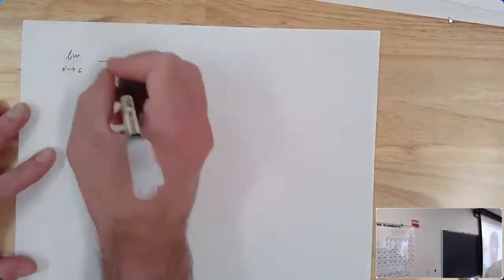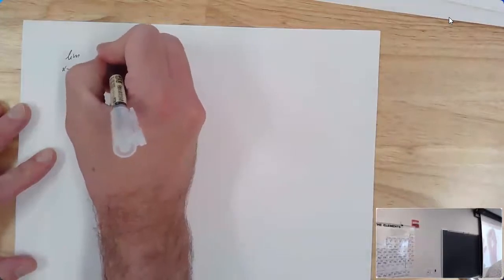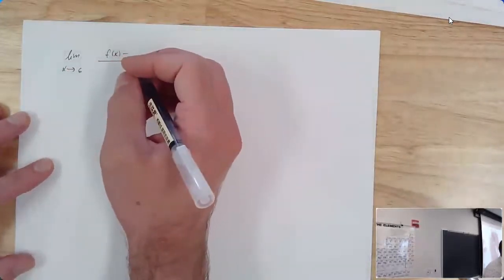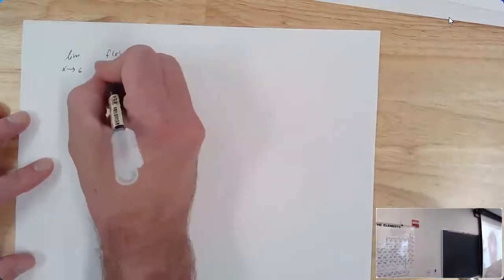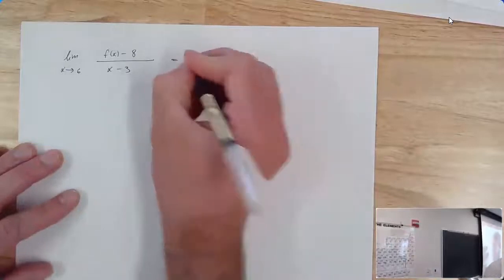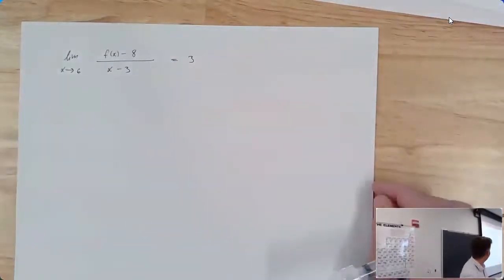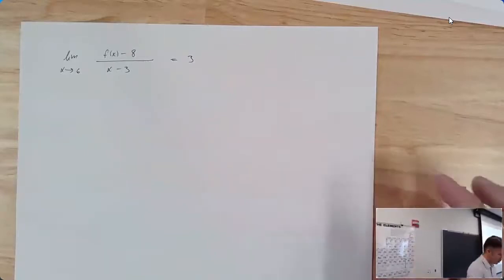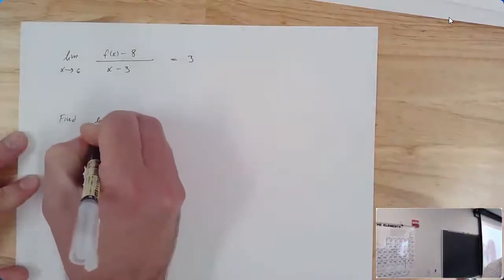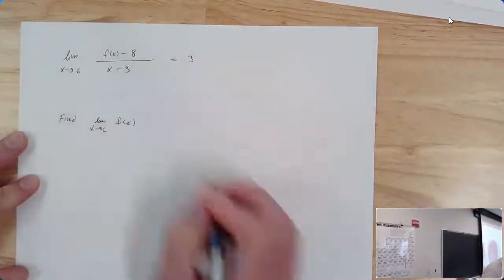Of x minus a or 8? 8. Equals 3, and they want you to find the limit of f of x. Cool. So this one we could just plug it in. I'm assuming they're saying find the limit as x approaches 6 of f of x, right?